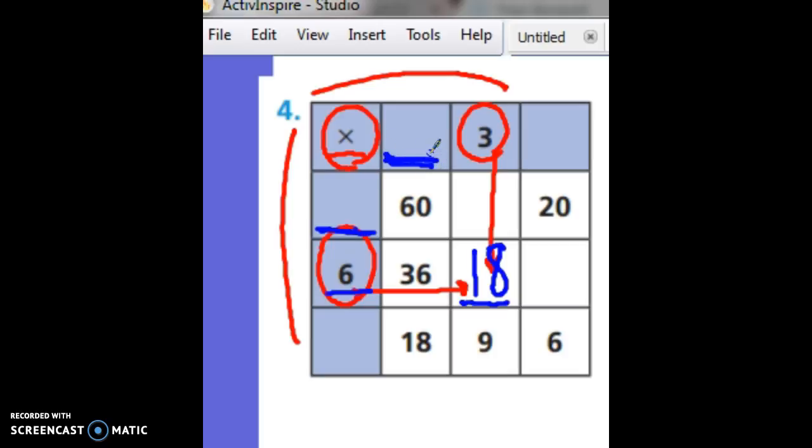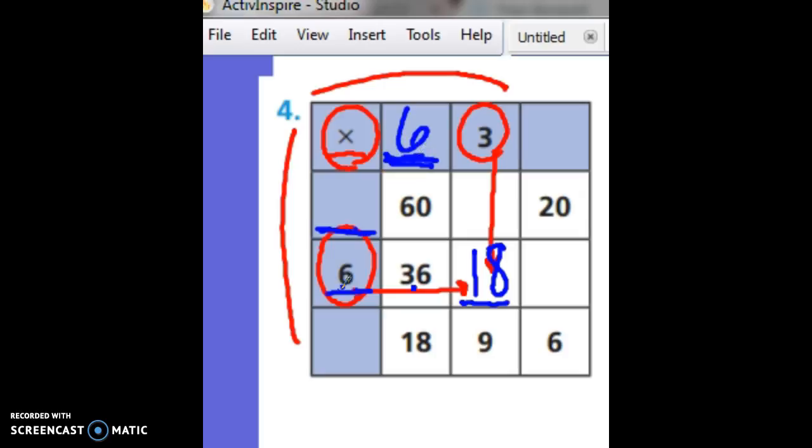How do I do that? Well, if I know my total, which is everything in the white boxes, I can divide. So I can go 36 divided by 6 equals 6. And to check my work, I can make sure that 6 times 6 equals 36.